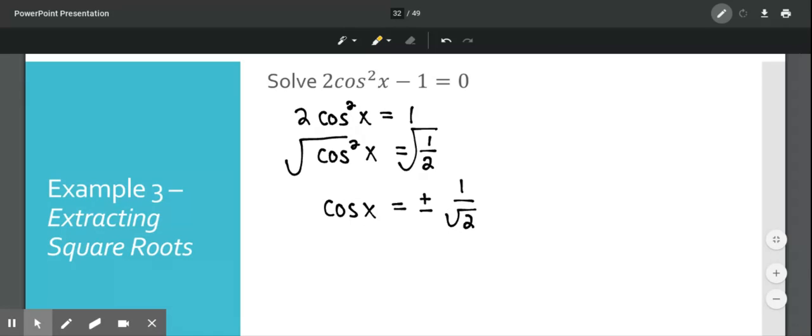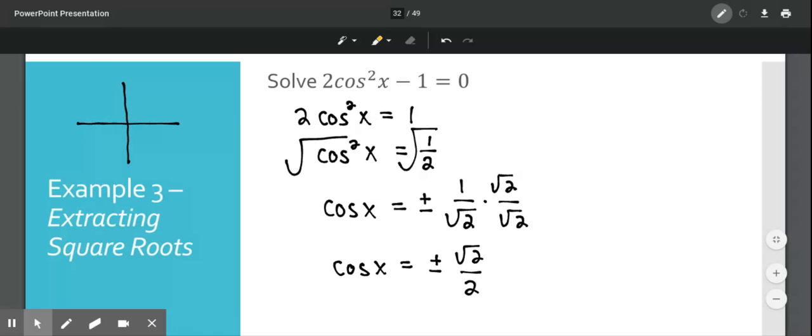And this doesn't look too familiar probably, but if we were to rationalize this denominator, so if we were to multiply by the square root of 2 over the square root of 2, we would get that the cosine of x equals plus or minus root 2 over 2. Right? And again, in your unit circle, the cosine is positive root 2 over 2 at pi over 4 and at 7 pi over 4.